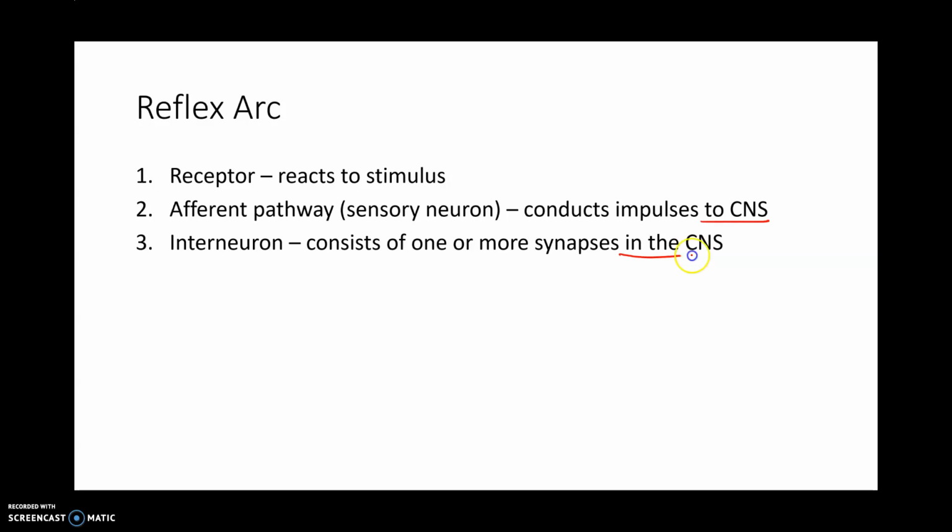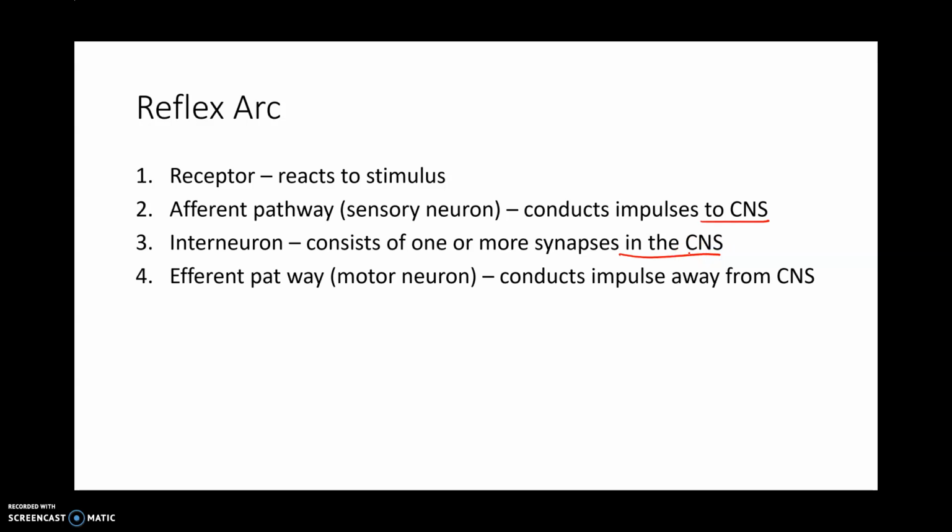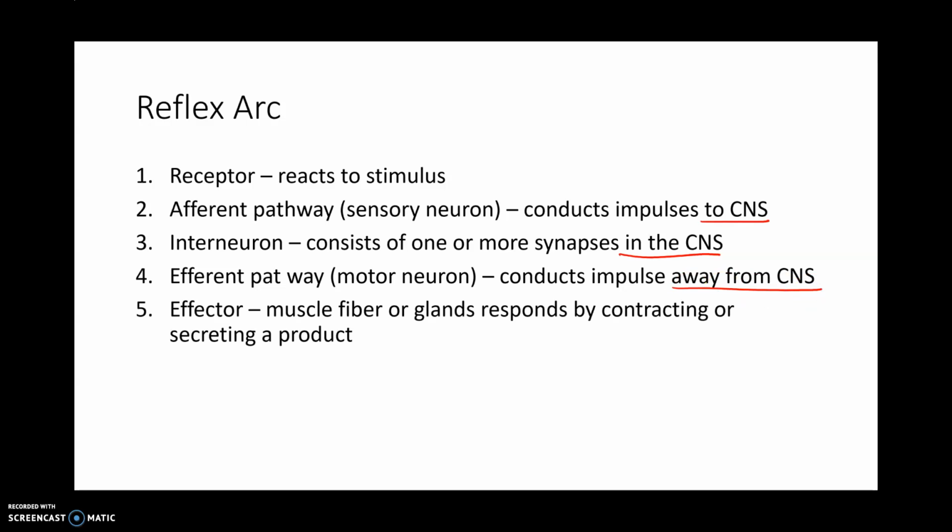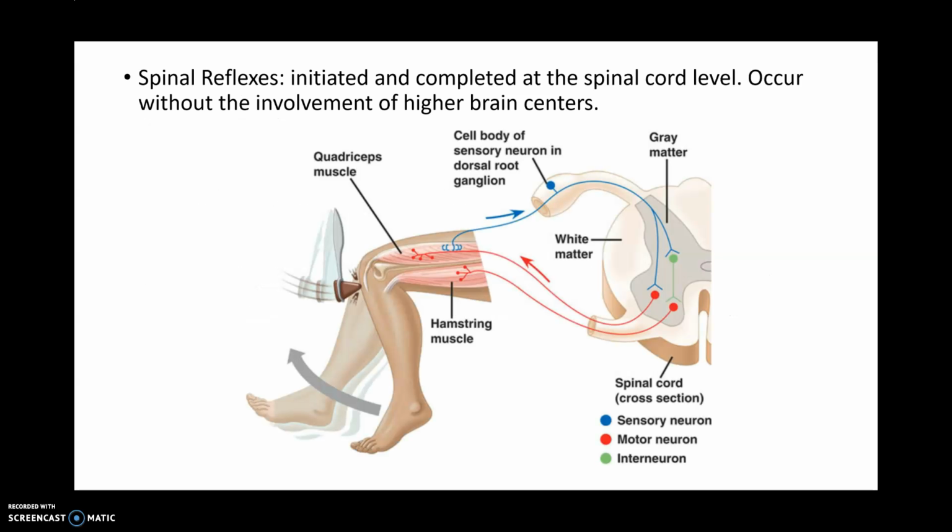So now we are inside the central nervous system. Our efferent pathway is going to see a motor neuron, and this is going to conduct a pulse away from the central nervous system. And then our last one is our effector. This is a muscle fiber or a gland that is going to respond by contracting or secreting some sort of product.